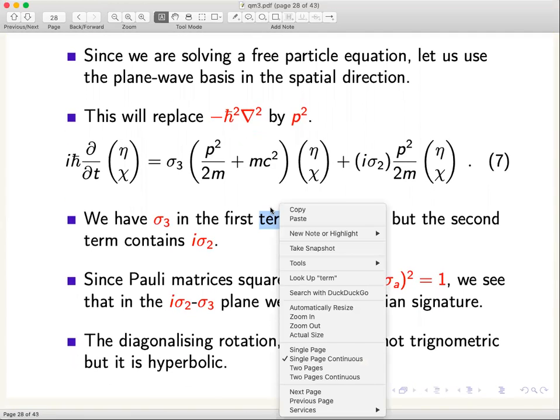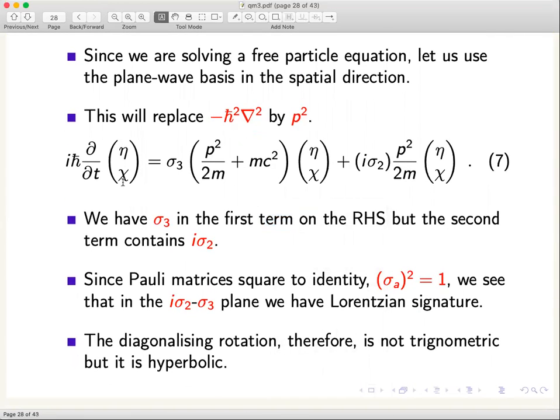Let's put it a little differently. Imagine if somebody had written down this equation in this form first, and later on realized that I don't have to write it in a matrix form, I could write it in a scalar form, and it is just a second order differential equation. How would you decide in which case you want to replace p by minimal coupling? The answer is any one of them.